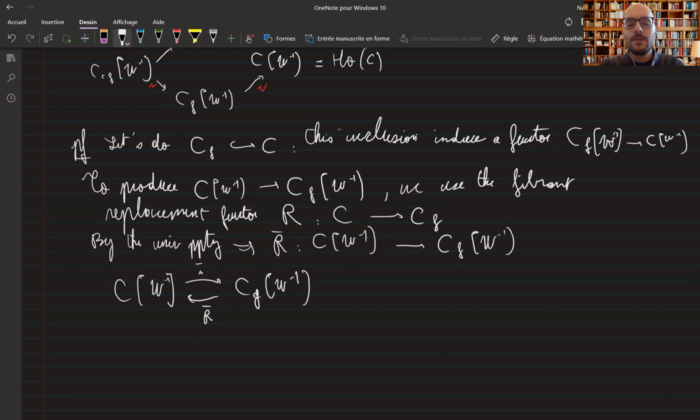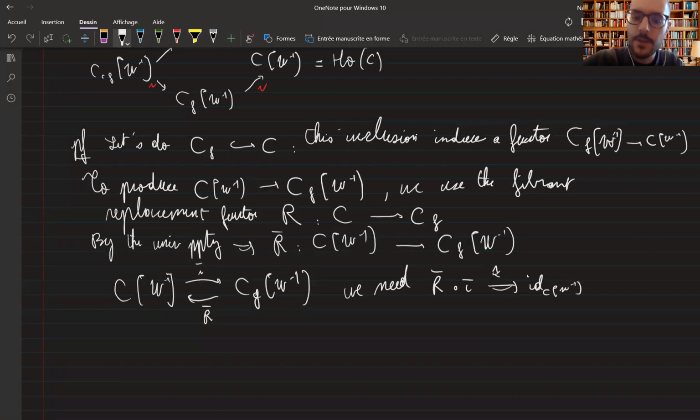And so now we need to produce natural isomorphisms, R bar circle I bar, to the identity of C[W^-1]. So this needs to be a natural isomorphism, and also a natural isomorphism like this. All right.